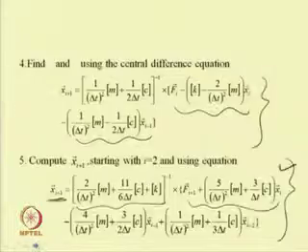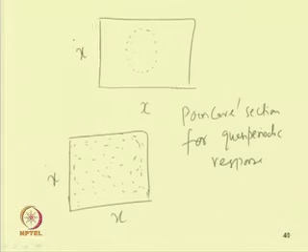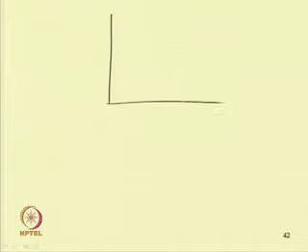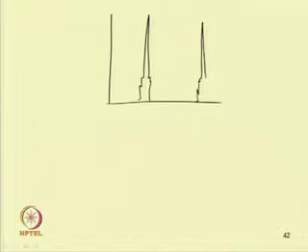Similarly, in case of the quasi periodic response, one can plot this spectra, and the spectra will look like this. So, we can have two frequencies, and one can find from these frequencies that they are not commensurable.